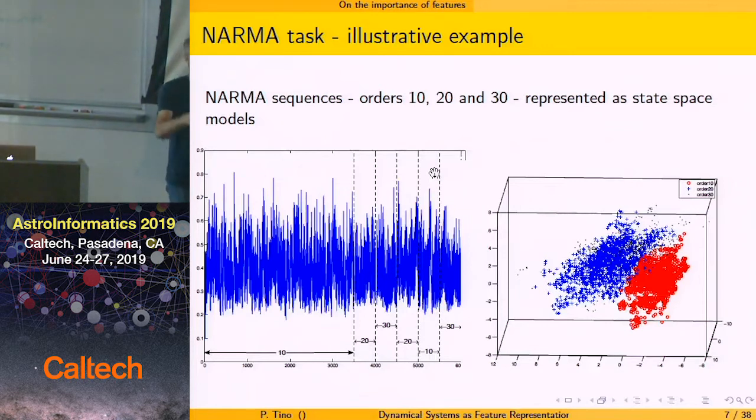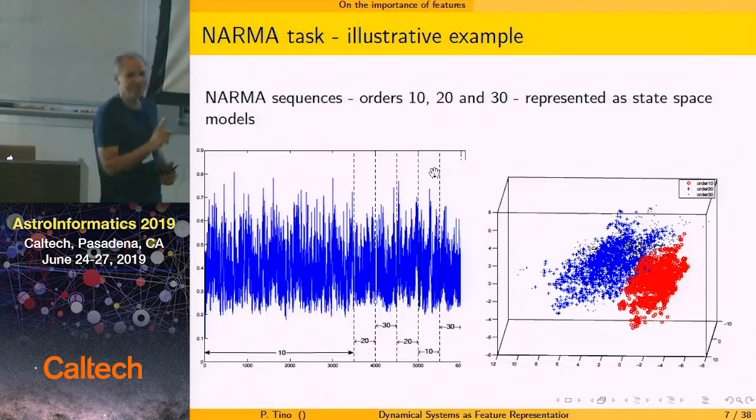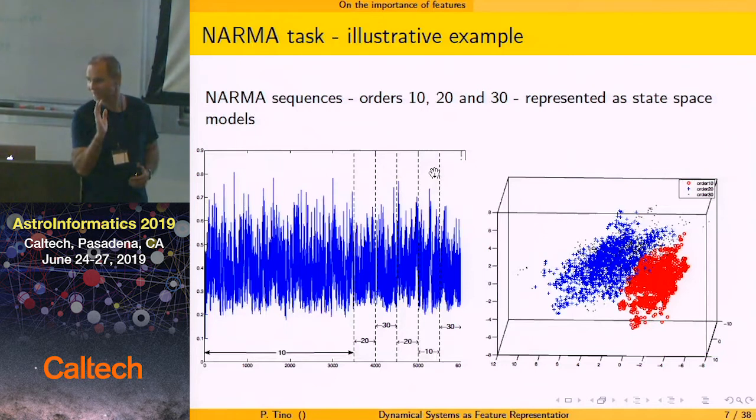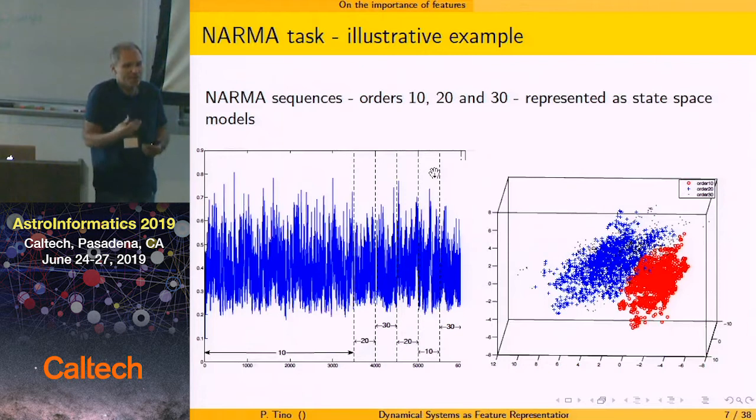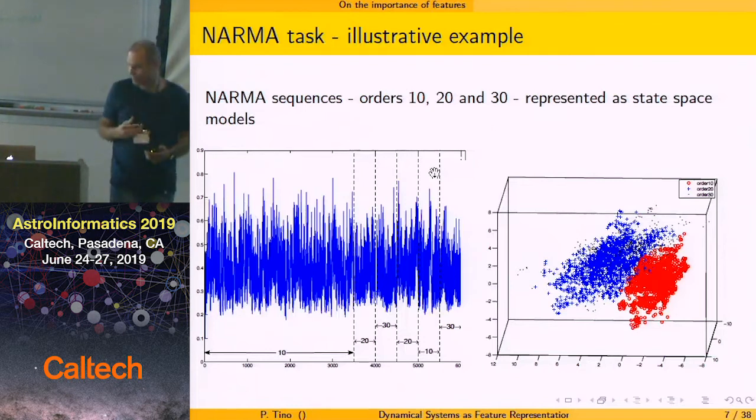In each window, I estimated the dynamical system, and then I plotted the parameters of the dynamical system. And then I colored the parameters. All this is supposed to illustrate is that if you take the right representation, in terms of the approximation of the underlying dynamics behind this, then you get a much better separation, and with some explanatory power.